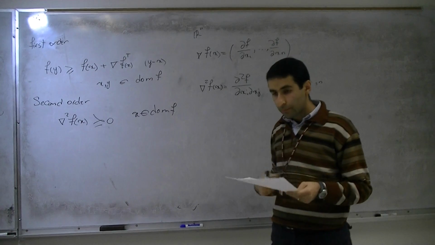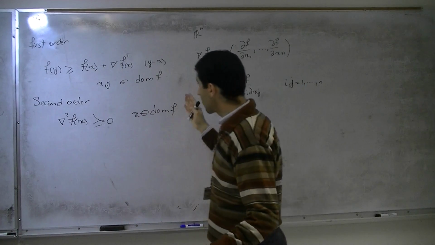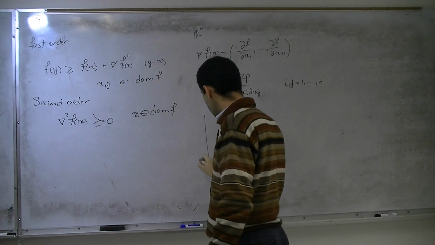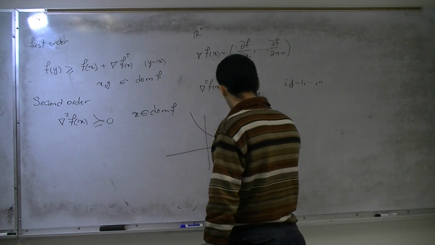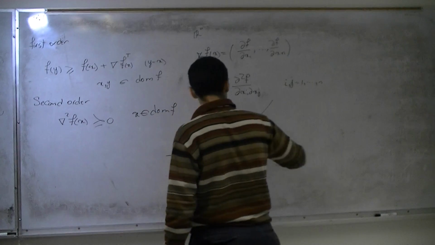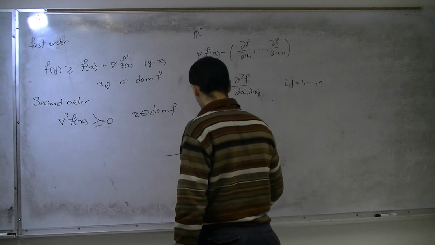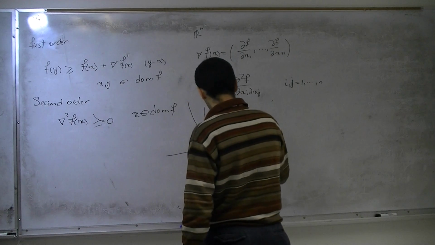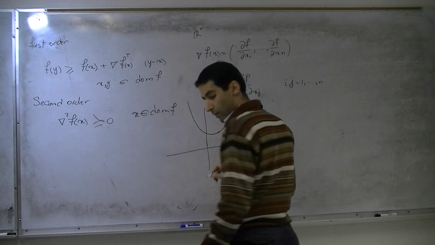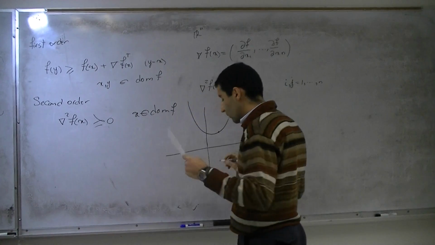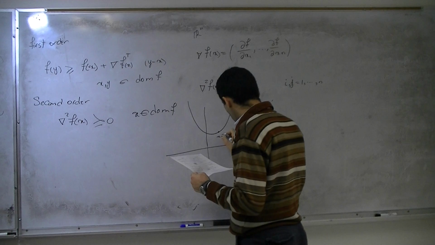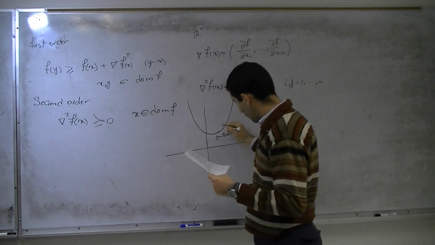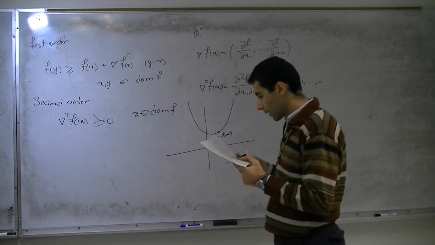Okay. And let's go to the physical meaning of the first order definition. The first order says, if we have a function, let's have a function with a slope. We have this function and we have this point, we call it x and f of x. This point here, x and f of x.